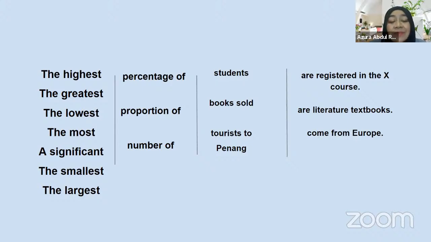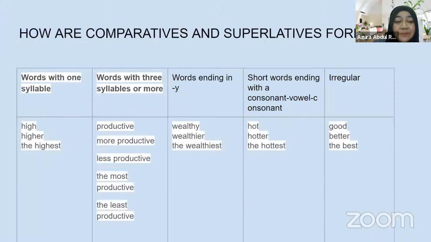A significant number of tourists to Penang come from Europe. The largest number of tourists to Penang come from Europe. So you can use these as the superlative. Use the word that is most appropriate for that situation. And these are all superlatives.